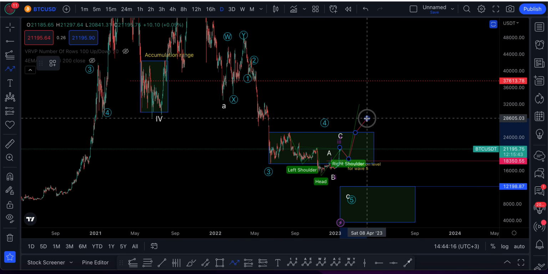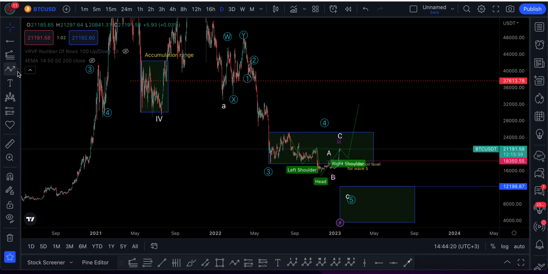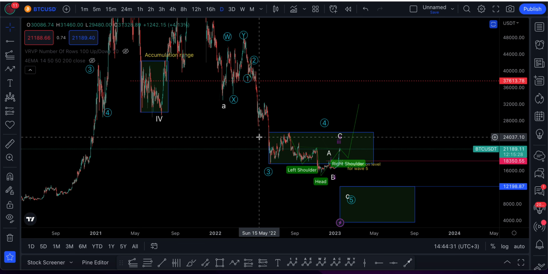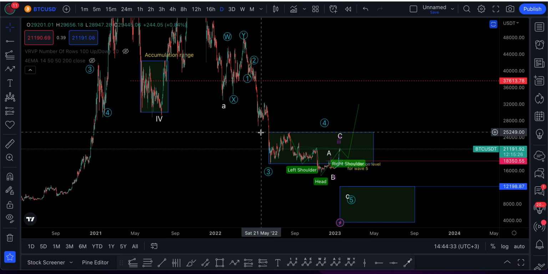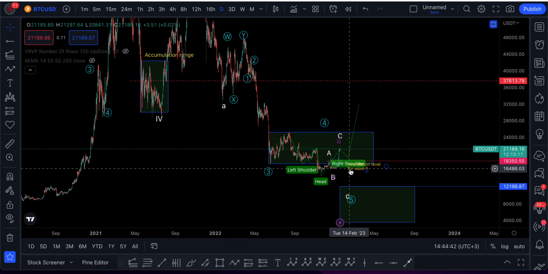So the range, let me just explain quickly. We have these 2 points. We have the first low that we made around the 17, right? This was the first low. We made the highest point of the range, which is around the 25k area. So this is how I drew the box, and our task will be observing how price interacts with this range, right?